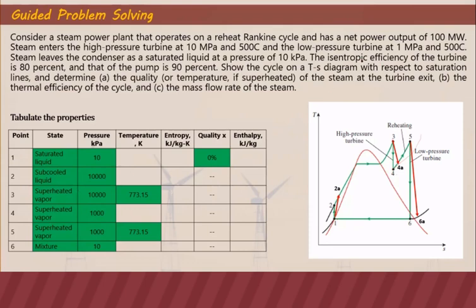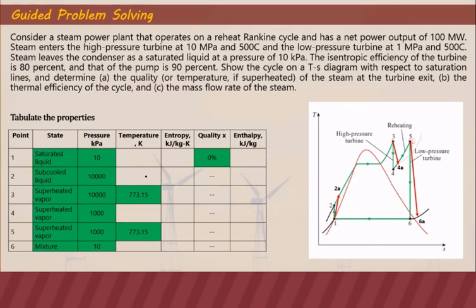At point 5, it enters the low pressure turbine at 1 megapascal and 500 degrees Celsius, so it's a superheated vapor with pressure and temperature as follows. Then at point 6, assuming it's an ideal process, point 6 should be a mixture with the same pressure as point 1. This is a constant pressure line, that's why it's 10 kilopascal. The green ones are given from the problem and the values that we can get by analysis.